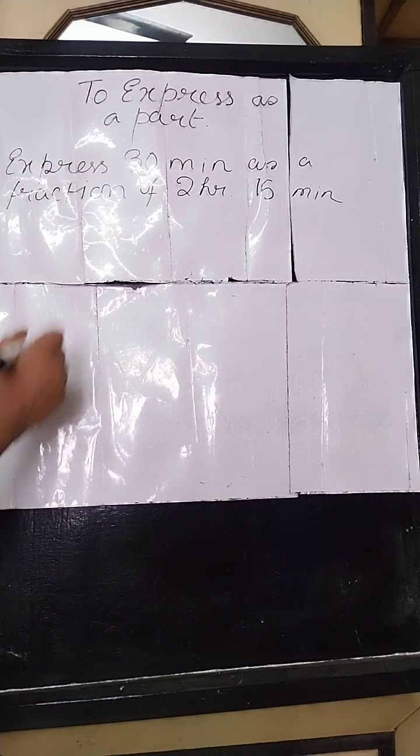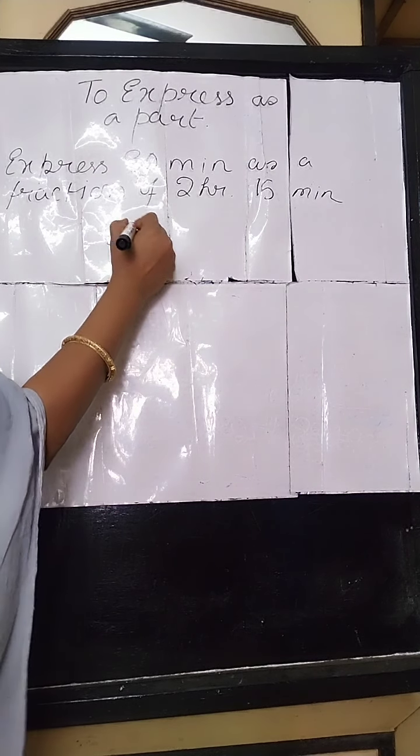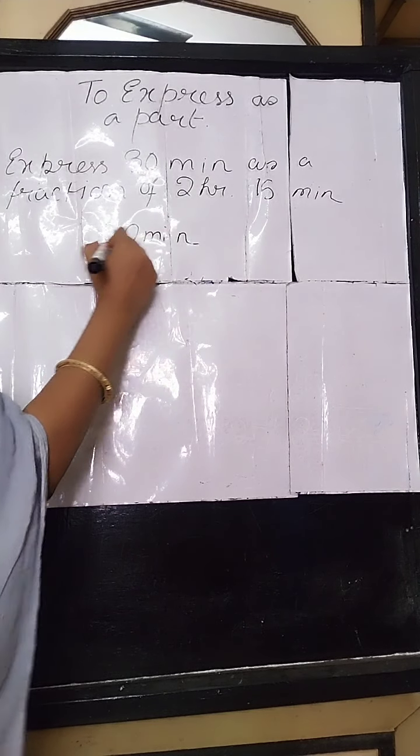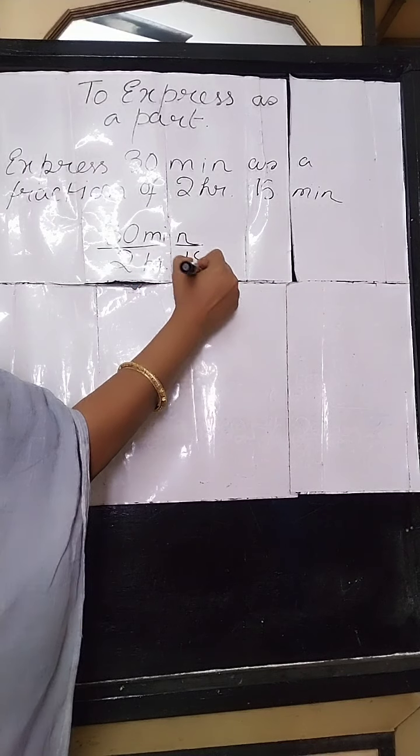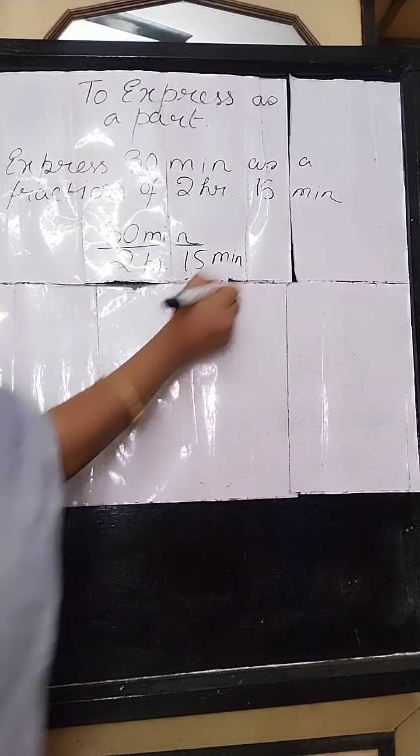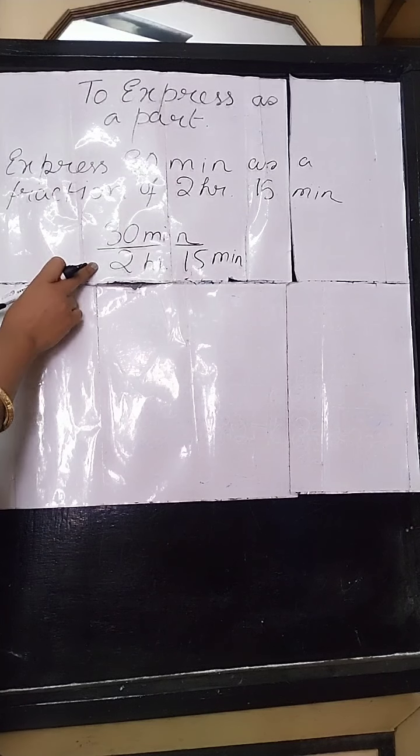How will you do? The required fraction will definitely be 30 minutes by 2 hour 15 minutes. This is what you will write. Now, you have to convert either the numerator or the denominator.